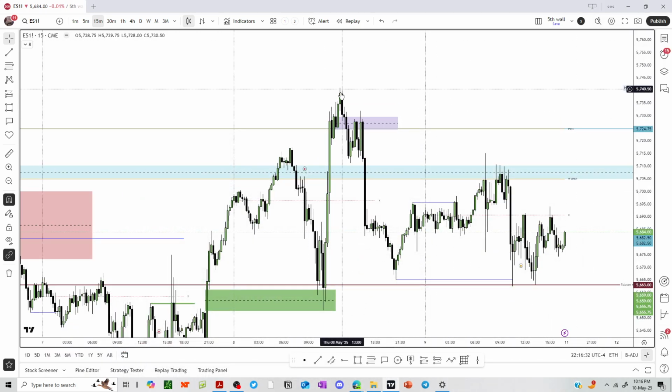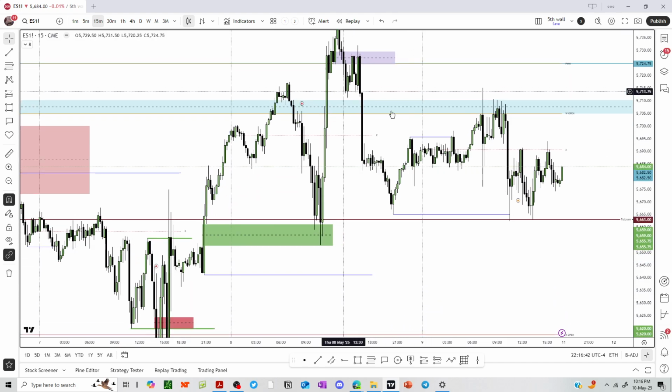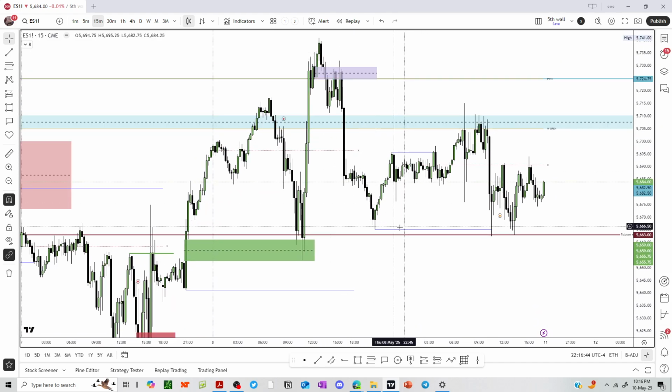Stop run, first down close candle, trade right back into it, and you target engineered liquidity here. So this would be sufficient for that ATM model.